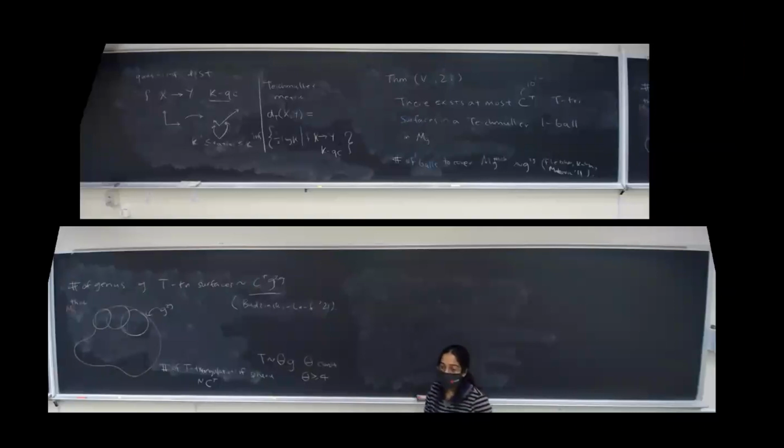What's the combinatorial picture you just described? I didn't get it. Yeah, I can write something down. So you look at P slightly bigger than 4D.